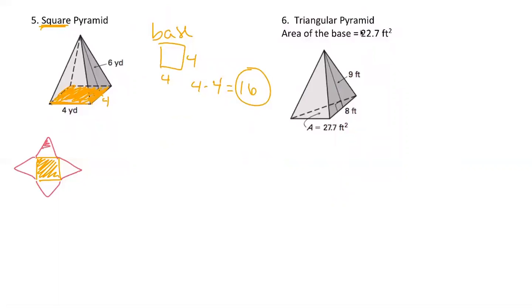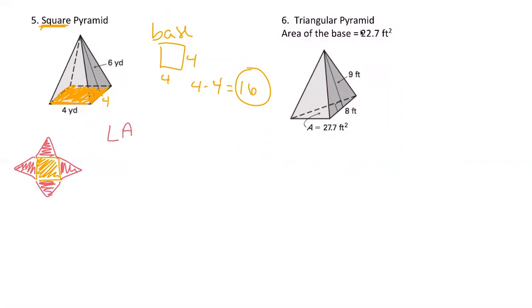Not the best picture I've ever drawn, but like I said, each one of these triangles coming off of the base is going to be the same, and that's because, unless it tells you otherwise, when it says a regular pyramid, we know that all of the pieces are going to be equal.